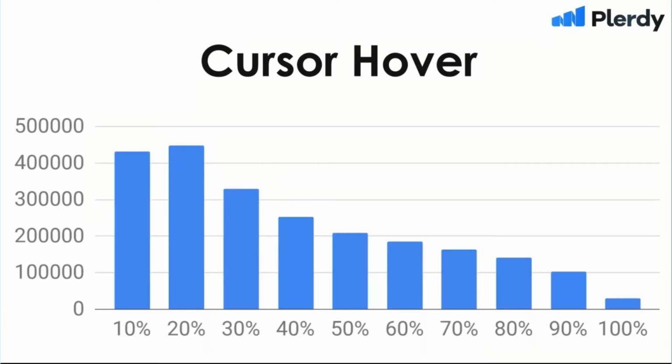You remember when I was showing you the web page, I thought, okay, the heat maps show that we have the biggest amount of clicks on the first part of the website. The scroll depth also shows us the same information, but cursor hover is showing us something different. Despite the fact that the first part of the website is important and is giving us one of the biggest amounts of visitors, in this case, the second part of the website is also important.